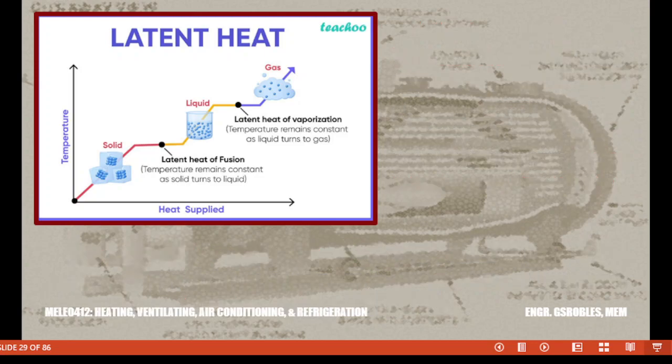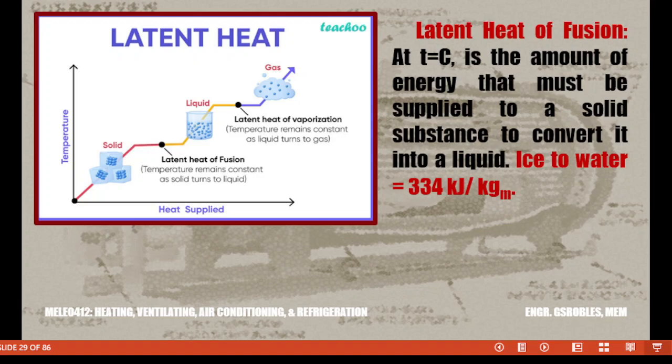So, again, latent heat values tayo. For ice to turn back into water once again, in this case, mangangailangan tayo ng 334 kilojoules per kilogram mass of heat. So, kinakailangan natin itong i-absorb at constant temperature, and this is what is known as what we call the latent heat of fusion.